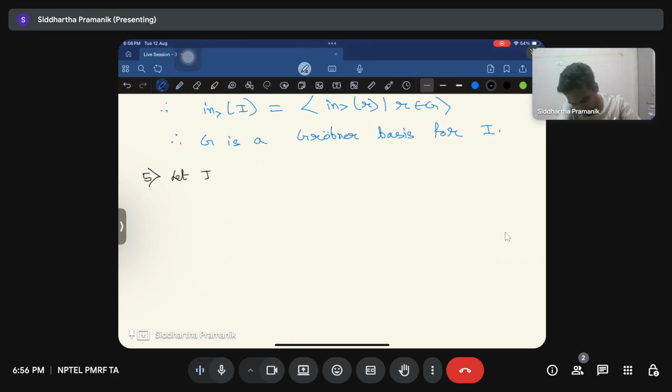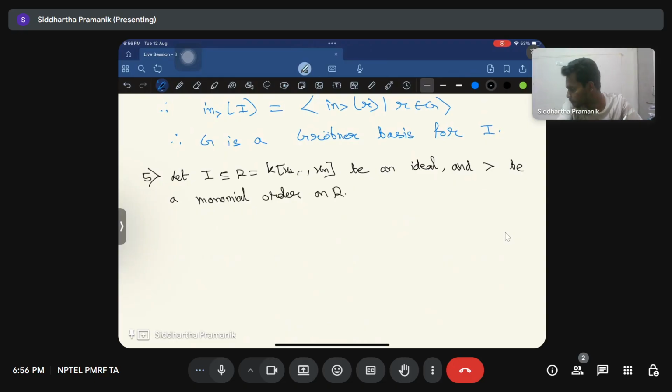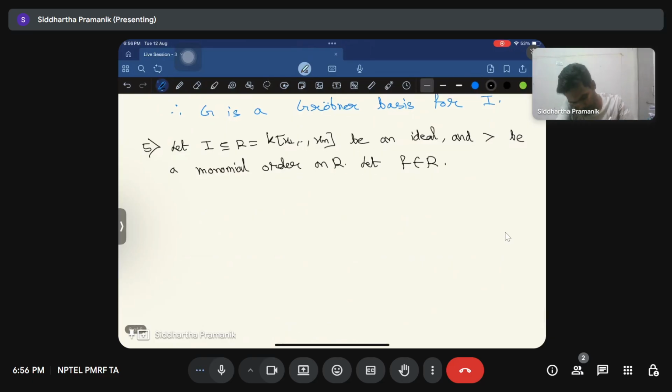So let I, a subset of R equal to the polynomial ring k[x1, ..., xn], be an ideal, and also let greater than be a monomial order on R, and also let's take an element f from R, so that this element f can be written as some g plus r.